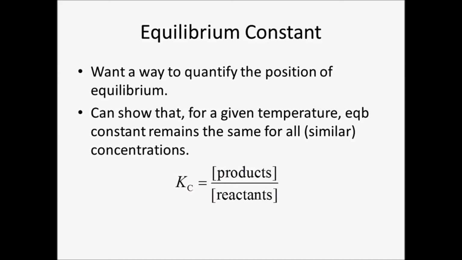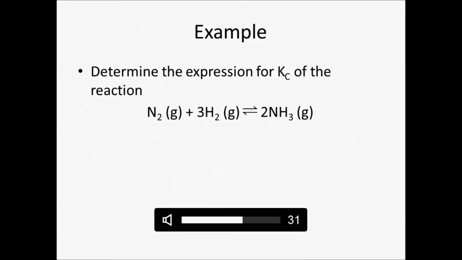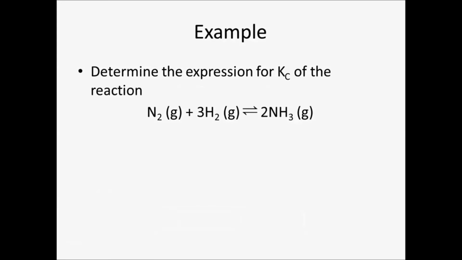You'll learn about a different way of expressing equilibrium constants a bit later. In this case, Kc, we're expressing it in terms of concentrations, all of them in terms of molarity, moles per liter.